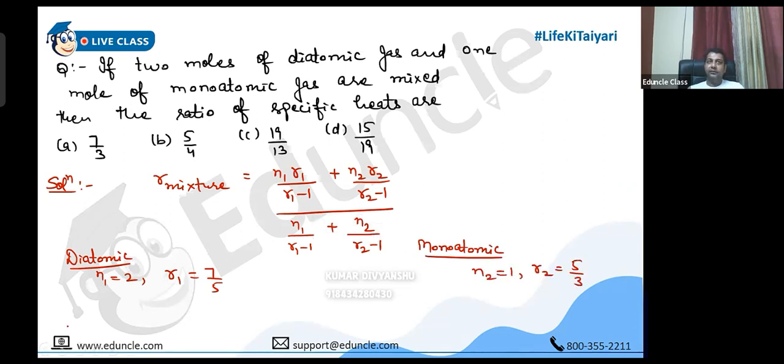Okay. Now put these values. That's it, to get gamma mixture. This will be the answer. C option, 19 by 30. Please note down. You can do by yesterday's method also. Even then you will get the same answer. Note it. Yes, sir.